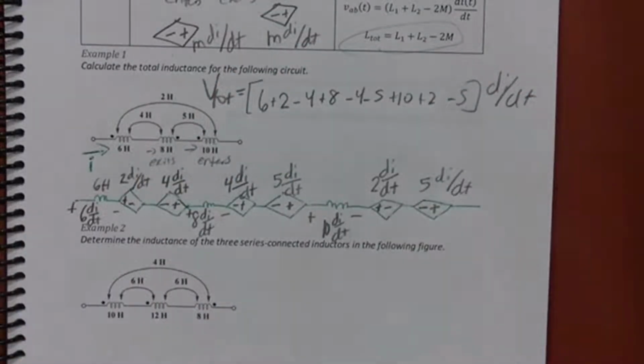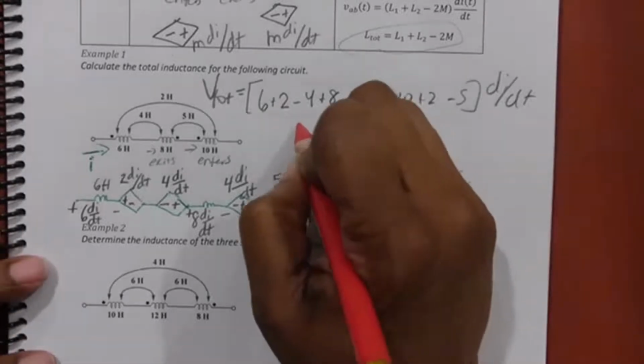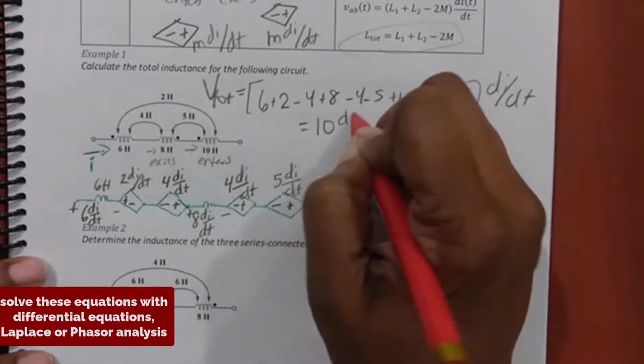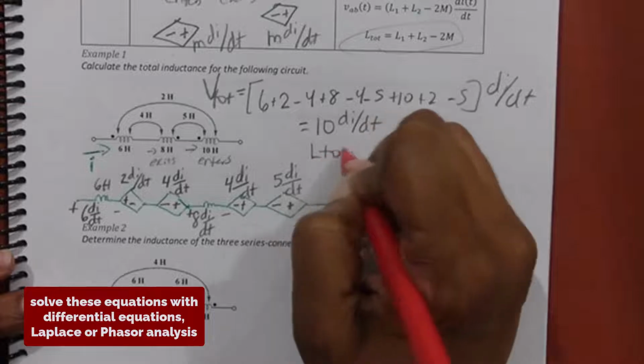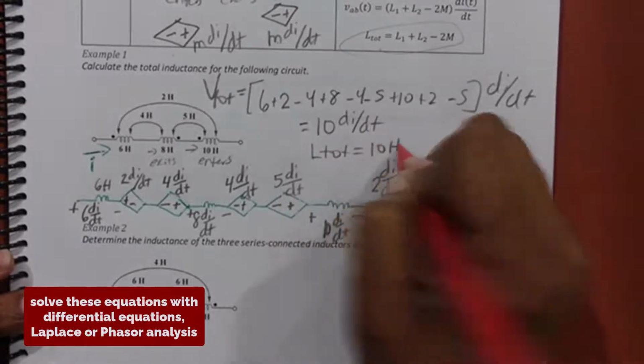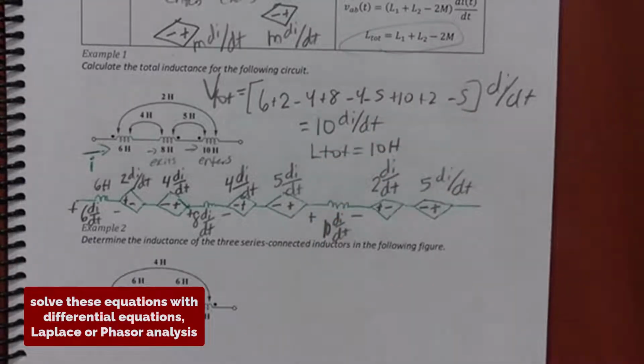And that should be 10, I think. 10 di/dt. So the net total inductance is 10 Henry.